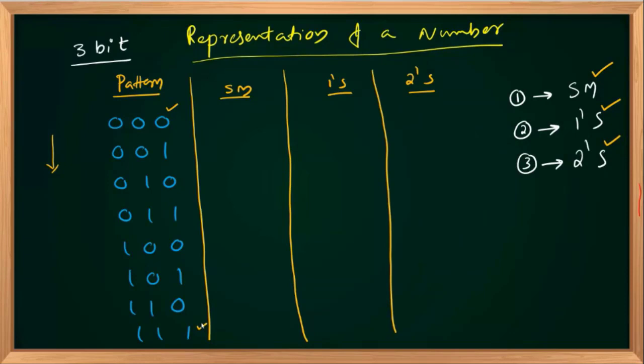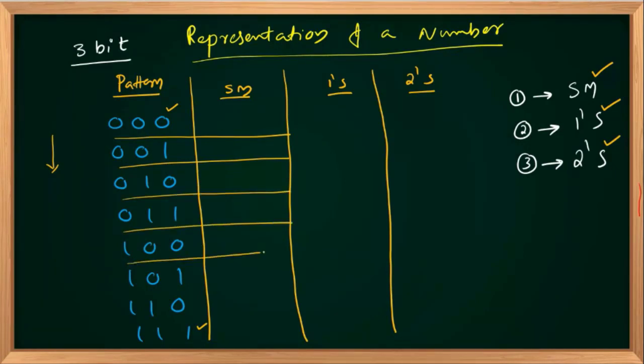Suppose he says he used the signed magnitude representation. Then it is very simple. The first digit, the MSB, corresponds to the sign bit.